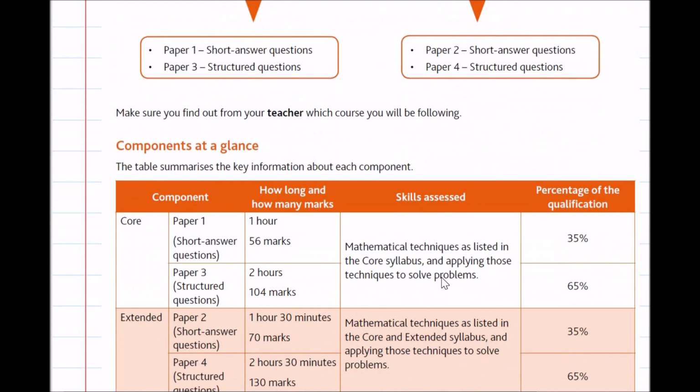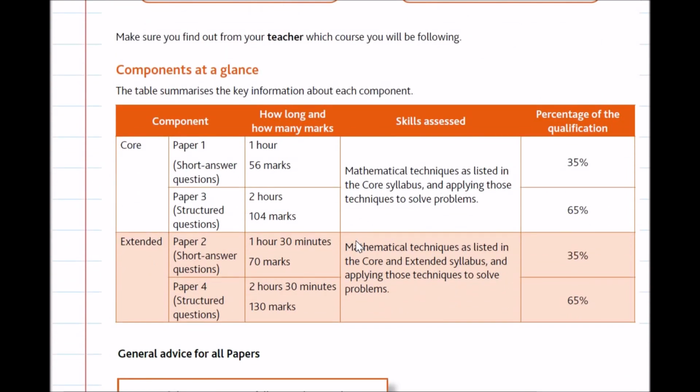Okay. Now, let us see components at a glance and their weightage. Core paper 1: 1 hour, 56 marks, and its weightage is 35%. Paper 3: 2 hours, 104 marks, weightage is 65%.